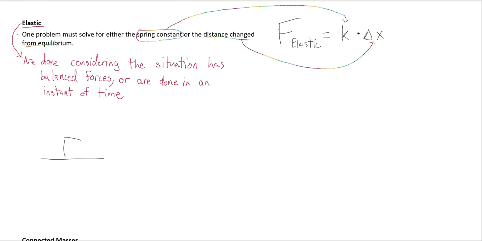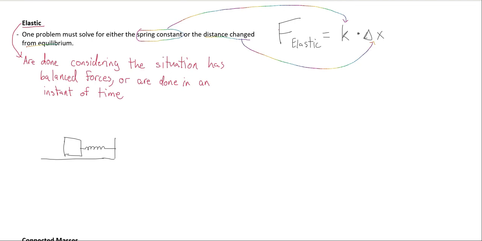Let's imagine that there's a situation. There is a box, and if I want it attached to an elastic source, then I'll attach it to a spring. And that spring could be attached to a wall, for example.